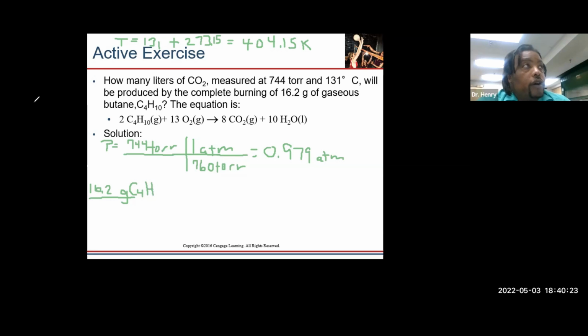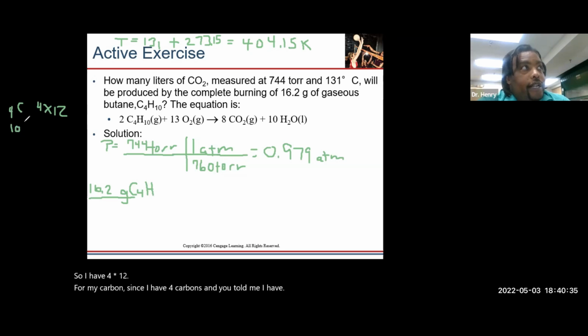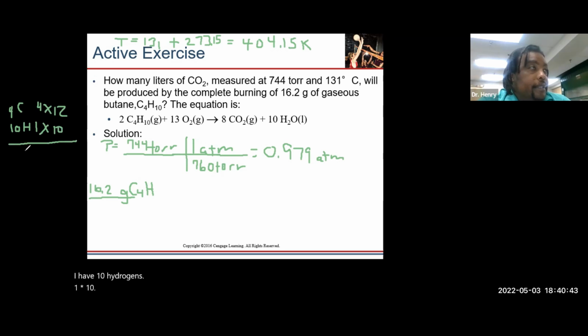So I have 4 times 12 for my carbon, since I have 4 carbons, and you told me I have 10 hydrogens, 1 times 10. That gives 58 grams per mole, roughly.